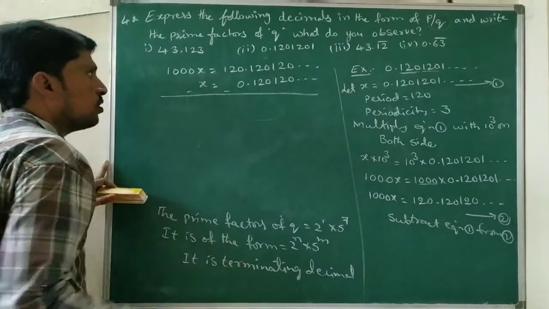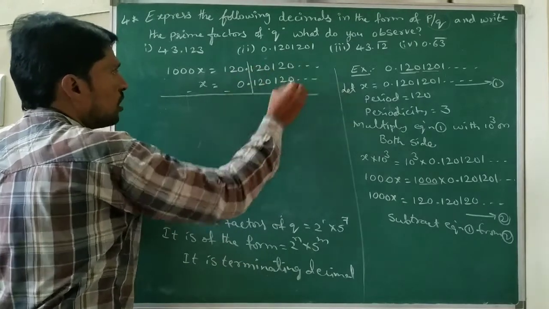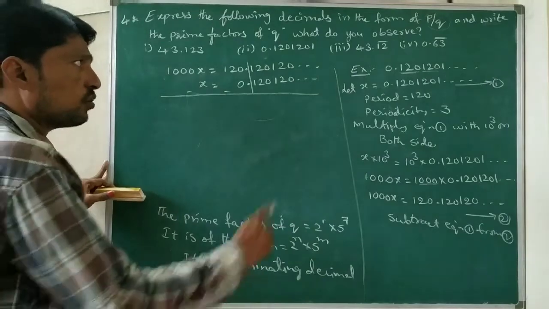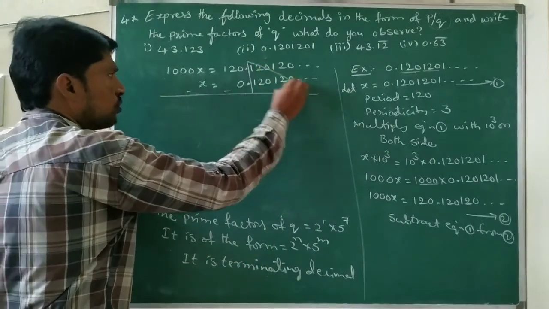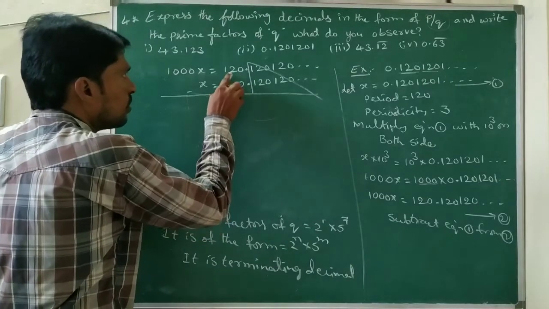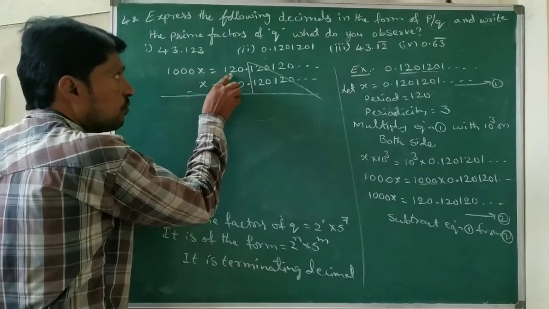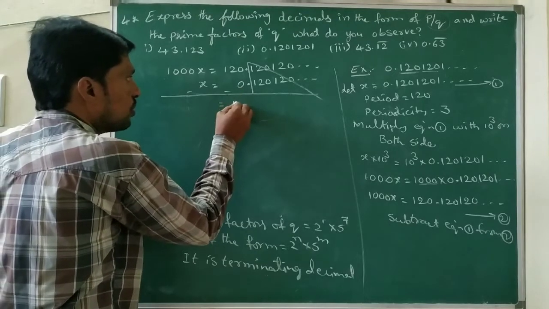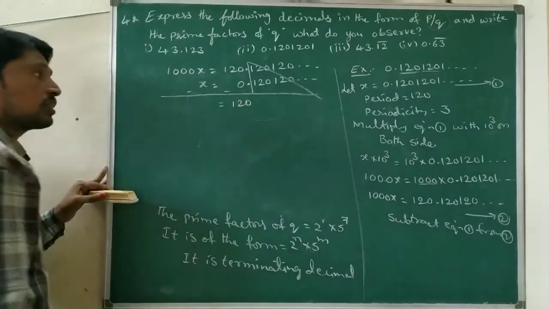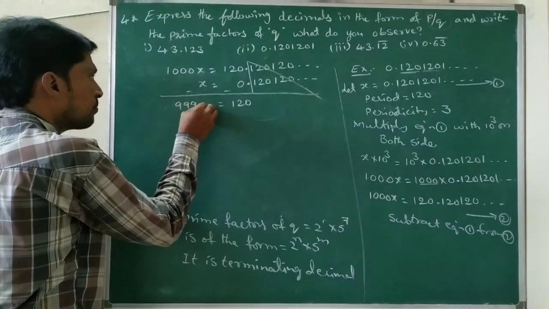We change the sign. After the point, both are the same, 120,120, so we can cancel them. So 120 minus 0 is 120. Here 1000x minus 1x equals 999x.